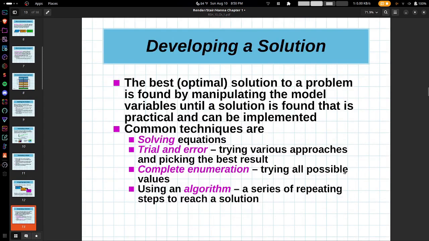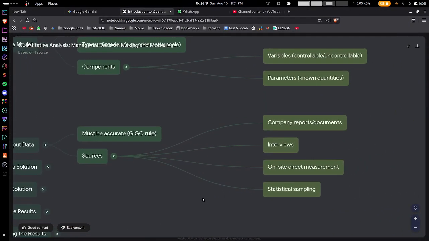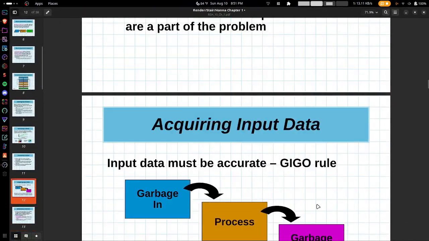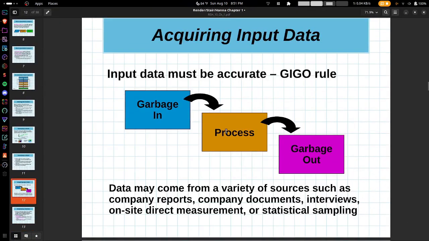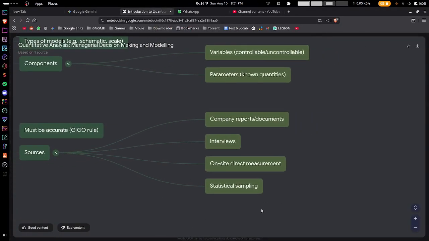Just to understand GIGO again: garbage in, processing, garbage out. The sources are company reports, interviews, on-site direct measurements, statistical sampling.